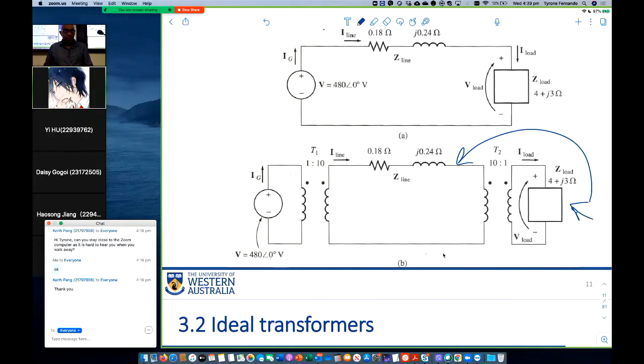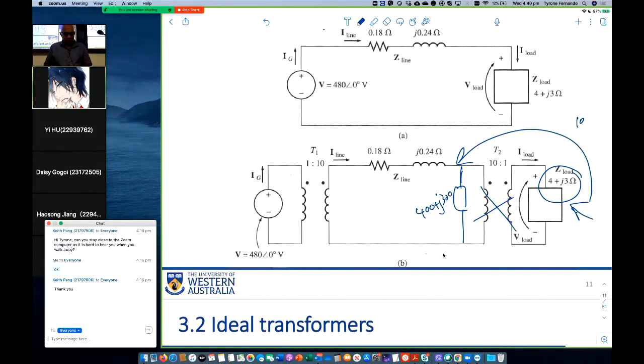The turns ratio is N1 on N2, so the relevant turns ratio is 10, N1 is 10, N2 is 1. So the turns ratio squared is 100. This value gets multiplied by 100, and then we can get rid of this part and connect 400 plus j300 here.